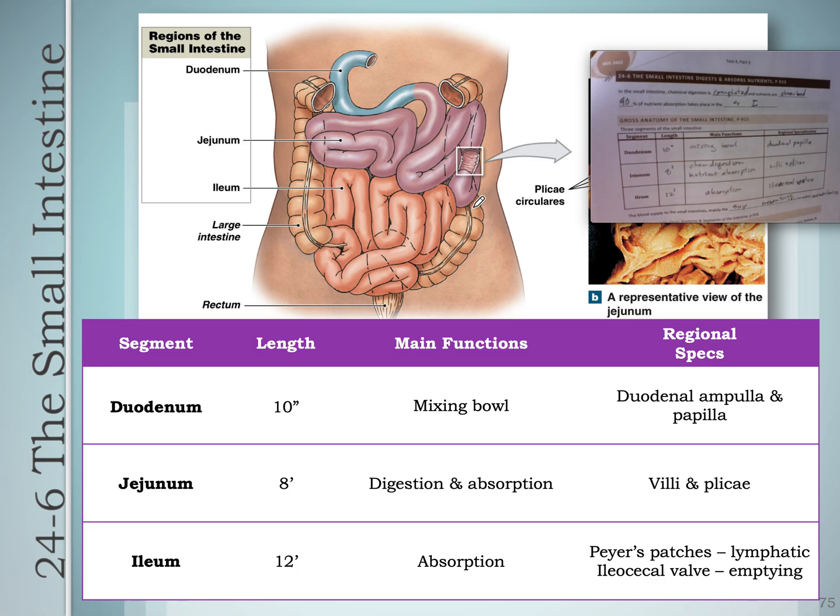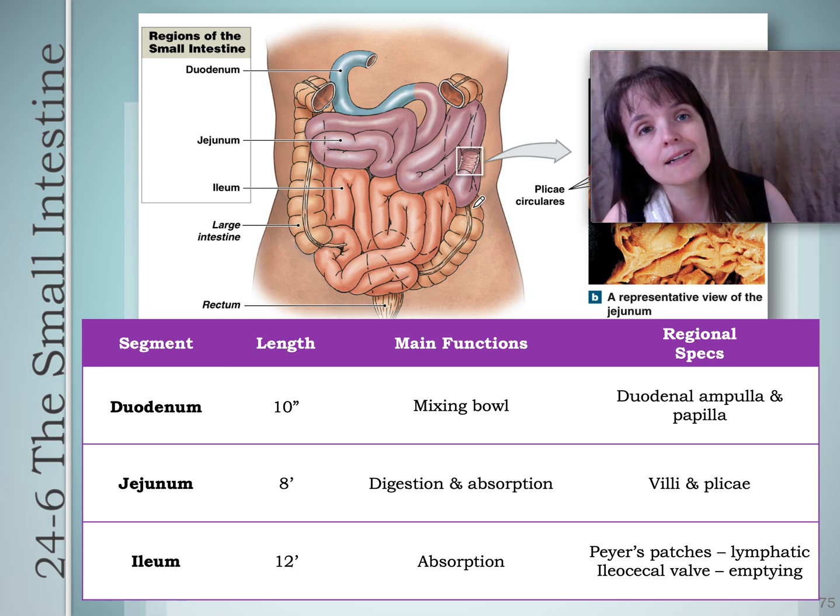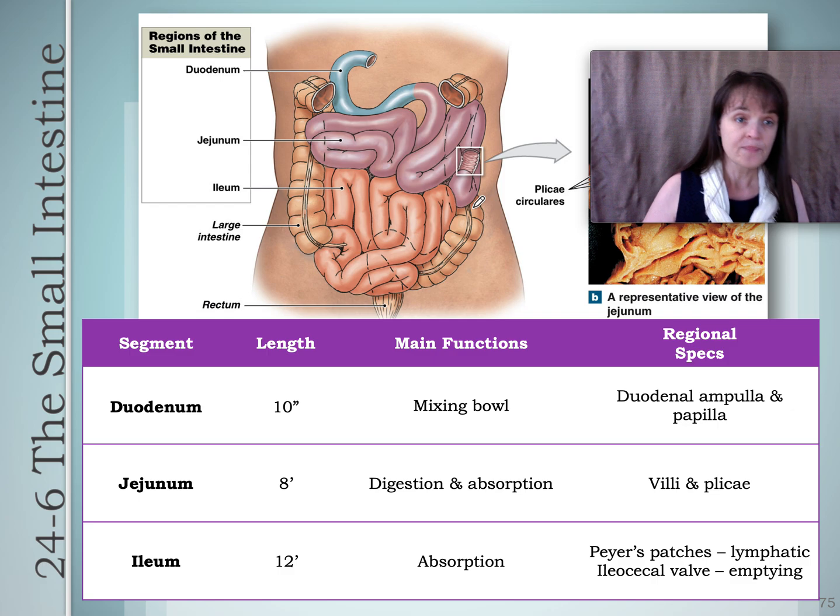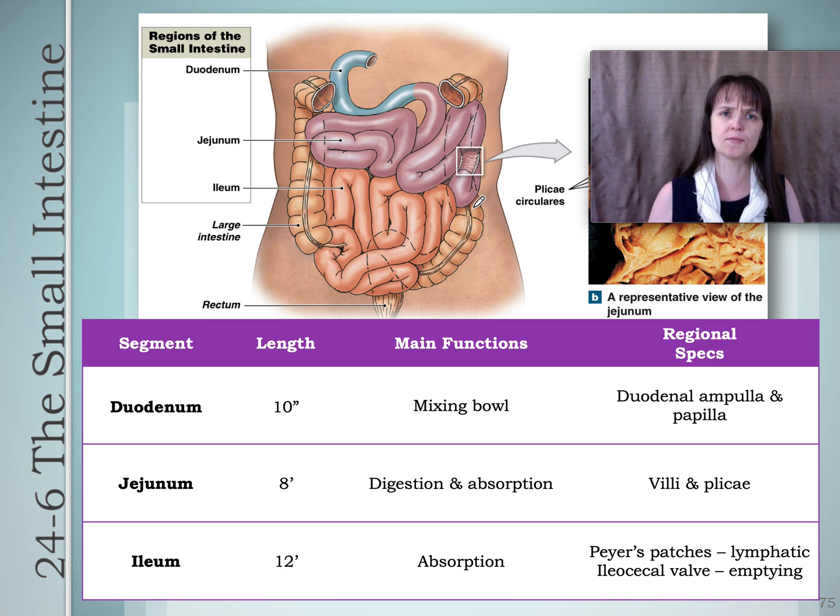The small intestine digests and absorbs nutrients. That's what we're going for. So in the small intestine, the chemical digestion is completed. Chemical digestion, as you may recall, begins in the mouth for both carbs and lipids, but not for proteins.